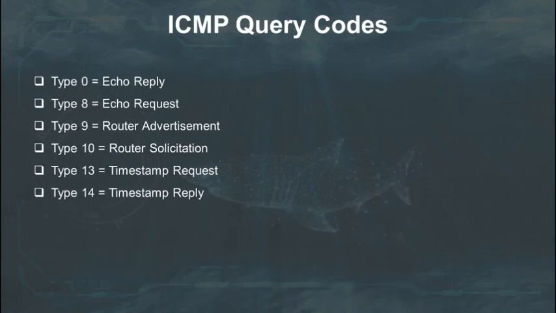So the ICMP query codes are type 0, which is the echo reply, type 8, the echo request, type 9, the router advertisement, type 10, the router solicitation, type 13, timestamp request, and type 14, timestamp reply.